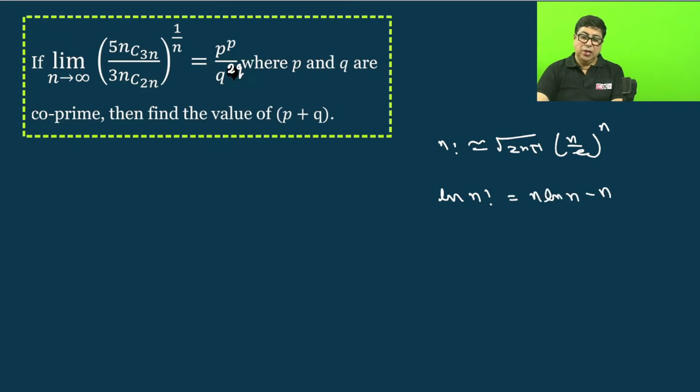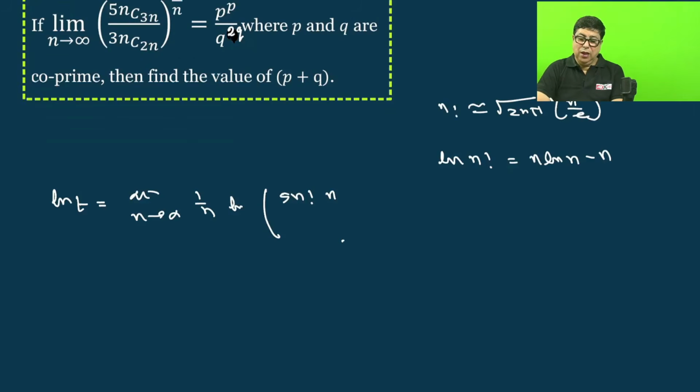So I am solving this sum. Here, ln t equals limit n tends to infinity 1 by n, log of 5n factorial n factorial by (3n factorial) whole square.